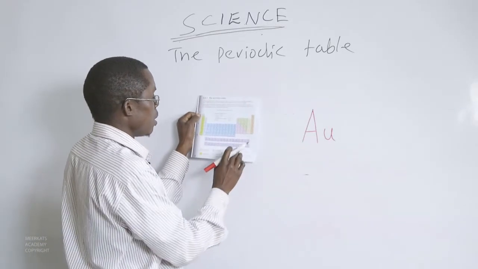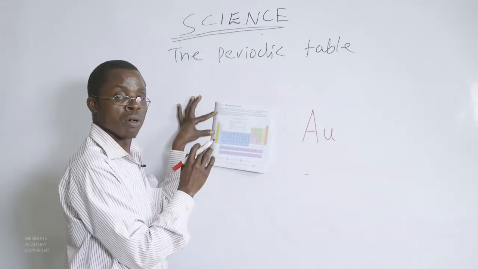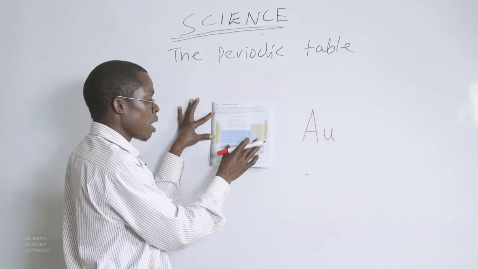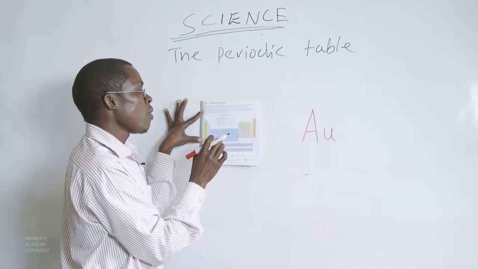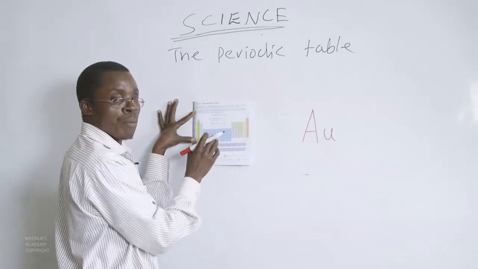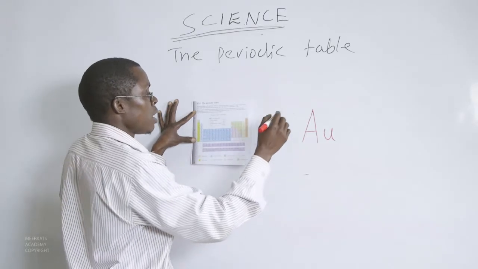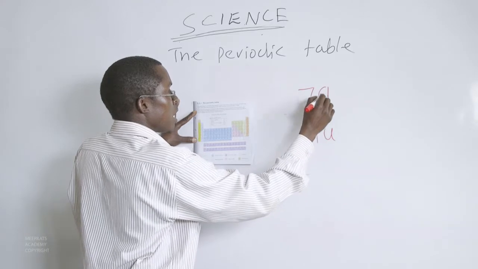Now, if I want to pick out where gold is found in this table, I have to know the interpretation of these numbers. There's a number that has been written on top, and that is 79.